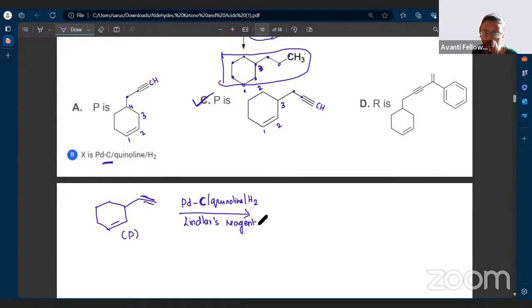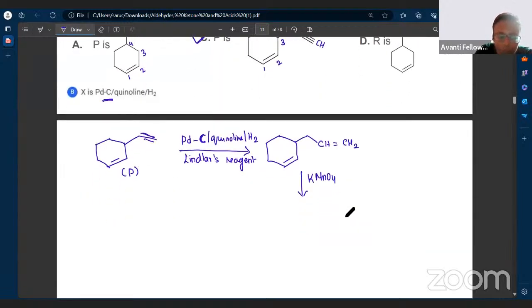So when you put Lindlar's reagent, what will we be getting? Cis alkene or trans alkene? We are doing hydrogenation. Lindlar's reagent will give you cis alkene. So now you're going to react it with acidified KMnO4.